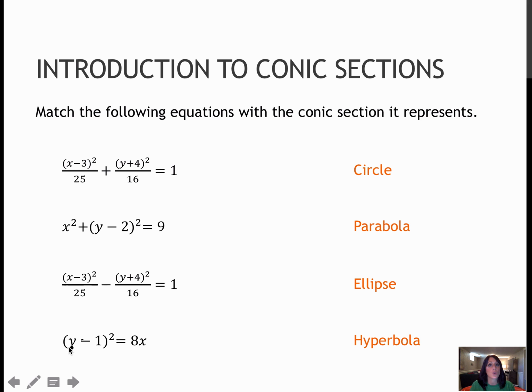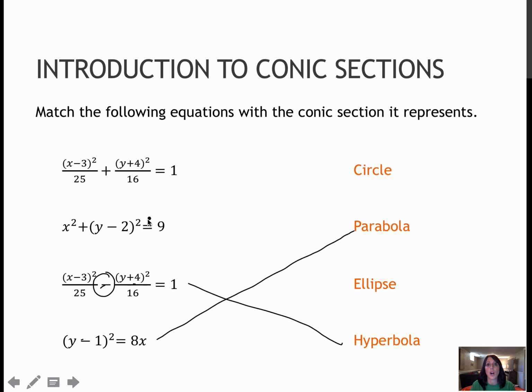This one only x or y will be squared, and so that would be the parabola. That's generally the easiest one to deal with. The second easiest is the one that has the subtraction sign in between, but remember to pay attention to the fact that this is positive and this is positive with the subtraction in between. So looking at that, I know that that is the hyperbola because of the subtraction sign.